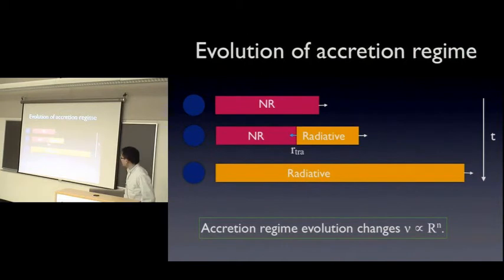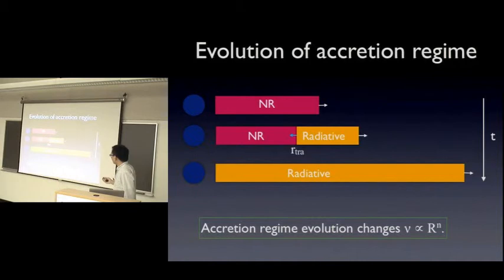First, let's study how the viscous spreading accretion evolves without considering the long tail of fallback rate. One has to look at the evolution of disk accretion regimes. Since the accretion rate is ever declining with time, early on maybe the disk is entirely non-radiating. At later times, the disk may have separate regions.